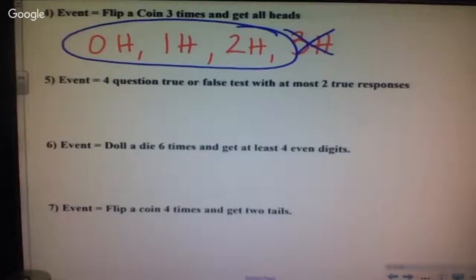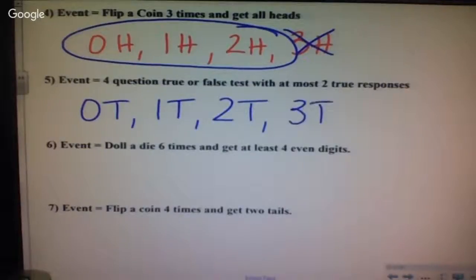Okay. Event. 4 questions, true or false test. We're talking true responses. So I can have 0 true, 1 true, 2 true, 3 true, 4 true. Okay. The event that we want, at most 2 true. What falls into that?